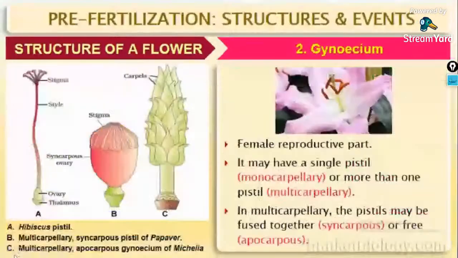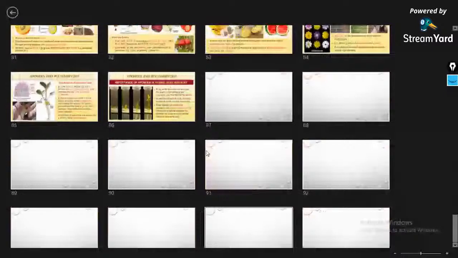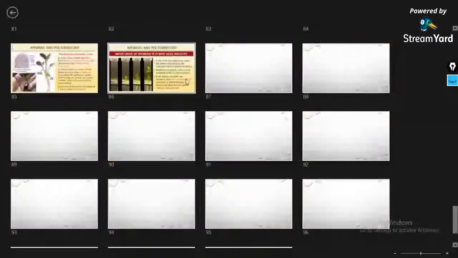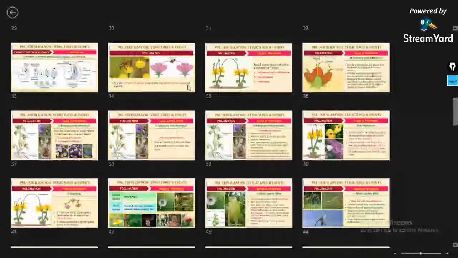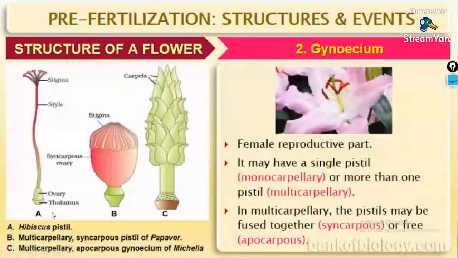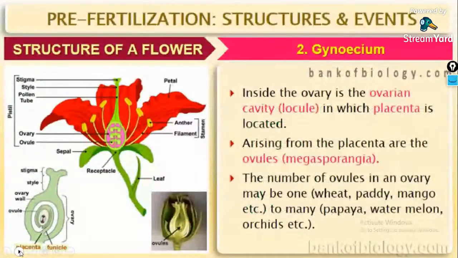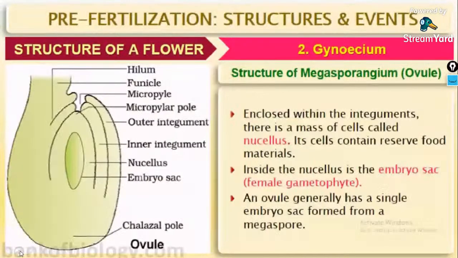The female gametophyte, the female part, we'll be studying in the next class. Look how many slides are there. 86 is the total number of slides I have prepared for you guys. And now we reach 23. In the next class, we'll be studying about gynoecium, the main parts of gynoecium, megasporangium and the process of megasporogenesis.